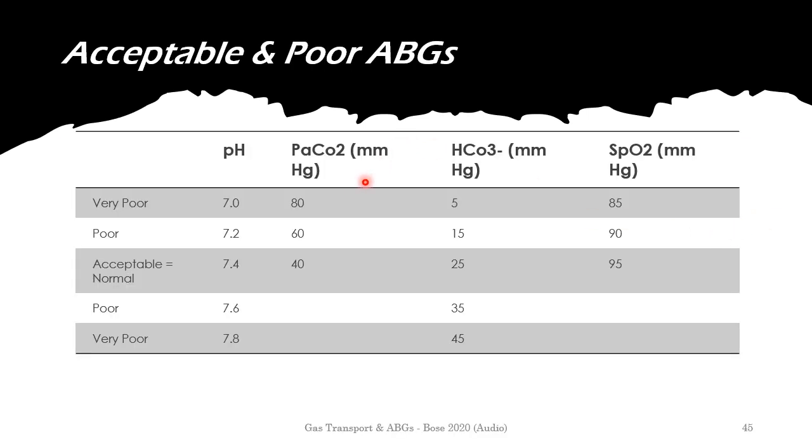These are variations of arterial blood gases in the acceptable and not so acceptable territory. Taking the first example here, this pH at 7.0, you can tell that it is very low. That is much lower than the lower limit of what is normal at 7.35.